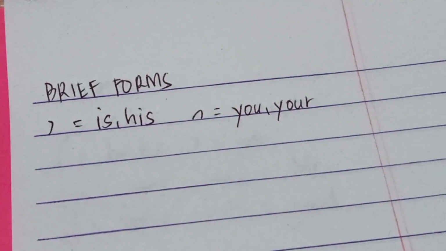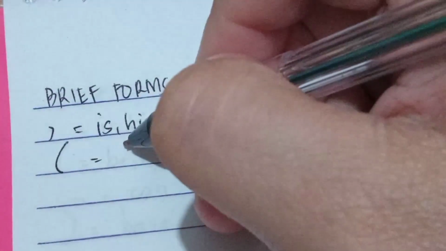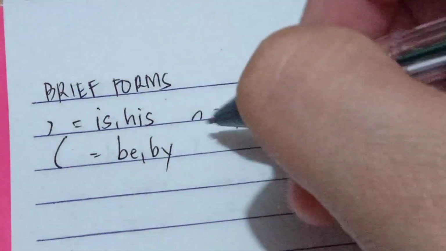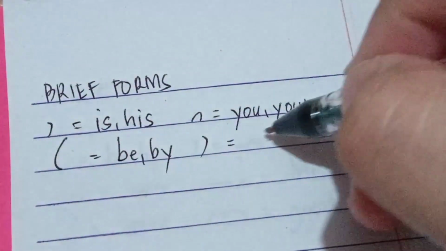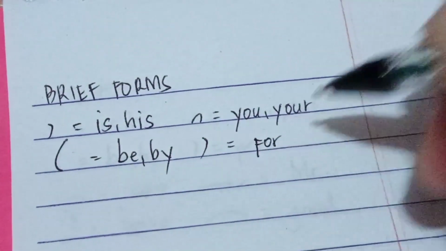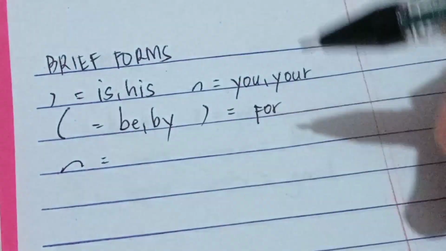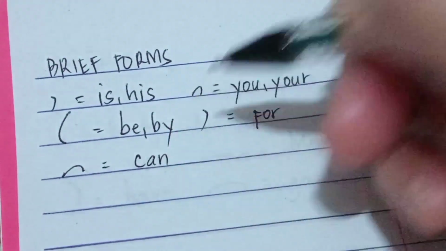Okay? Then, we have what we call yung ating B. So, if it is used as brief form, nagiging be or by po siya. Okay? Yun pong ating F. So, if it is used as brief form, ito po ay nagiging for. Okay? Yun pong ating K. So, if it is used as brief form, nagiging can.